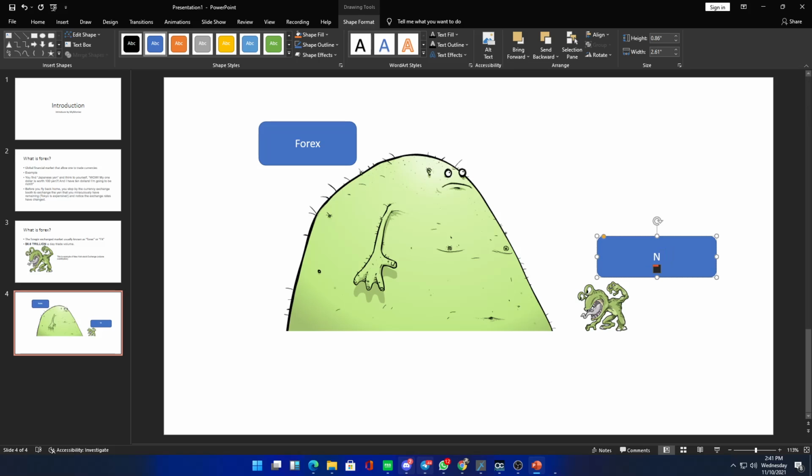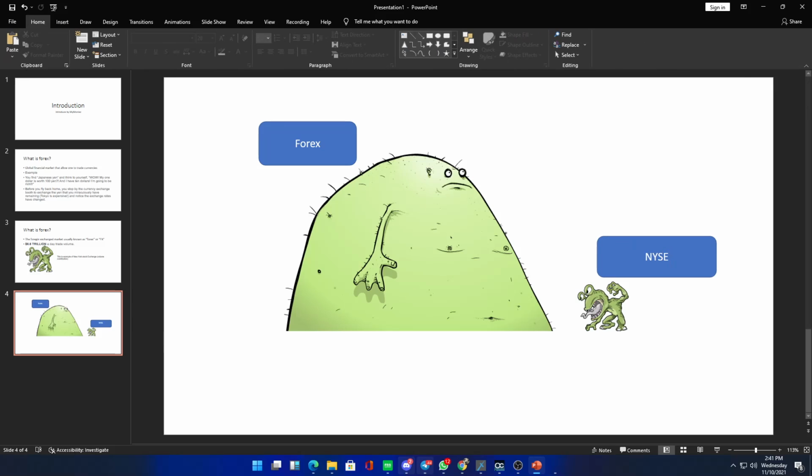And this is NYSE. This is an example. I think in picture form, the volume between these two, NYSE and forex. Forex traded 6.6 trillion a day, compared to NYSE which is only 22.6 or 0.8 billion a day. That's how we can see the market of foreign exchange, or we call it forex or FX.